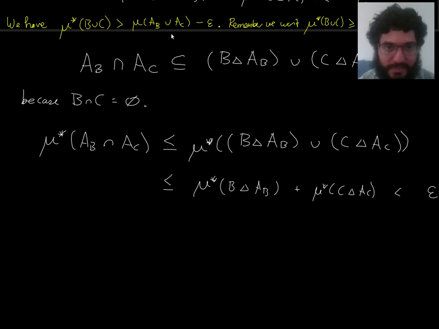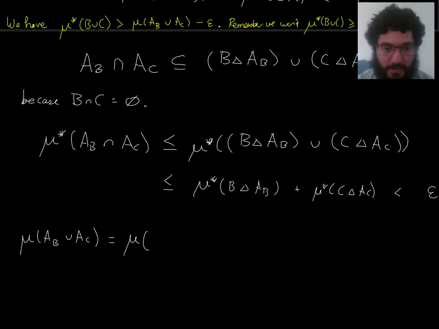So let's just work with this mu of AB union AC. And let's see if we can get that to be something like mu of AB and mu of AC individually at the cost of maybe an epsilon. We think that this is the epsilon that will show up. So mu of AB union AC is, now let me write it as a union of disjoint sets.